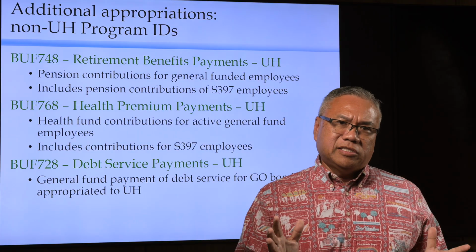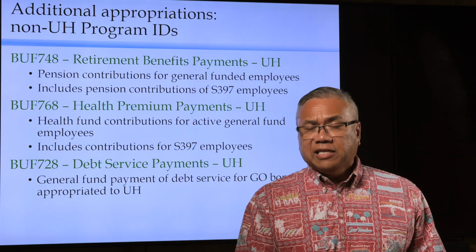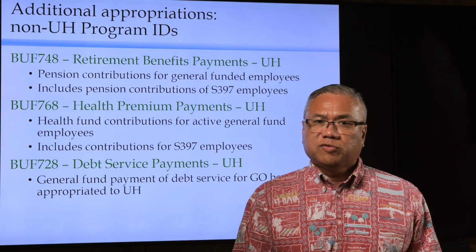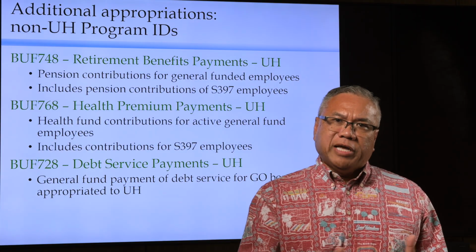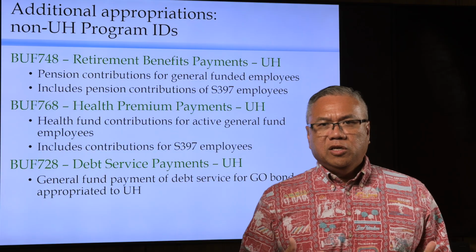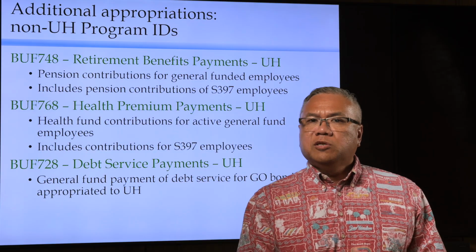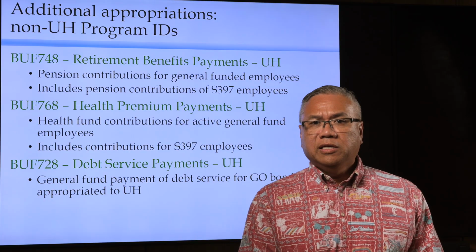So that means that if you are an employee and your salary is, let's say, $100,000, just for a nice round number, that means the fringe benefits that you get actually are costing the university and or the state to the tune of about $53,000 to $56,000 a year as well.